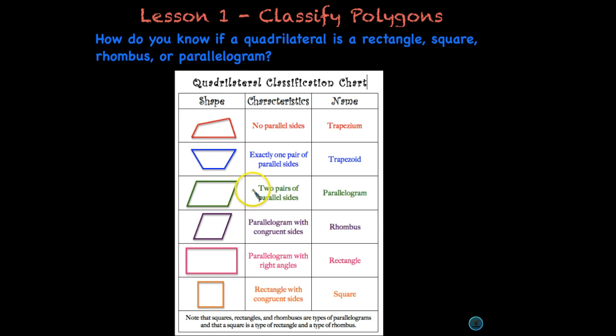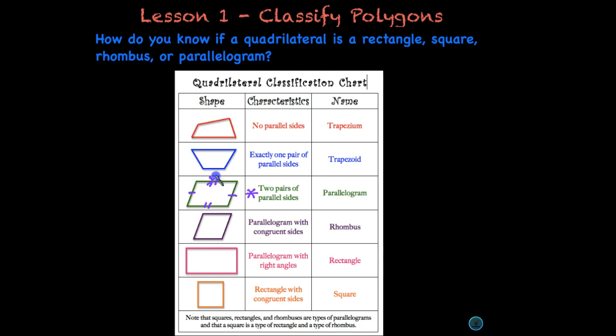A parallelogram has two pairs of parallel sides, meaning this top side is parallel to the bottom, and the one on the left, the vertical side, is parallel to the one on the right. As long as you have a shape that has two pairs of parallel sides, you can safely say it's a parallelogram.